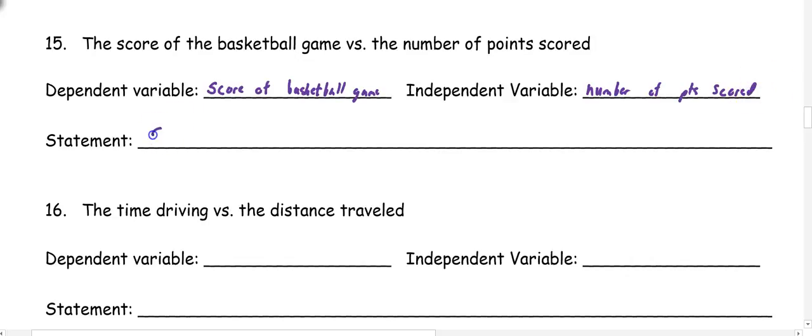So when we write our dependency statement, we'd say the score of the basketball game depends on the number of points scored.